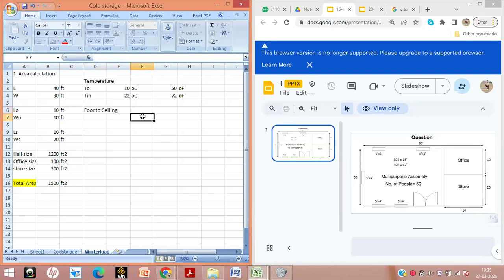Floor to ceiling height is 12 feet, as mentioned in the layout. Correct. And the floor to slab height is 15, yes.